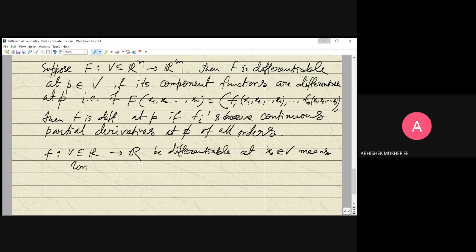It means the limit as h tends to 0 of (f(x0 plus h) minus f(x0)) by h exists, right? This limit exists.